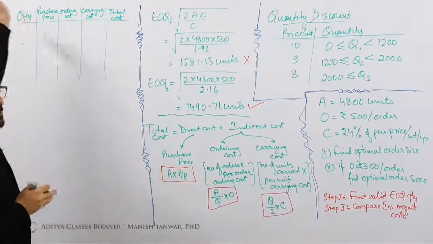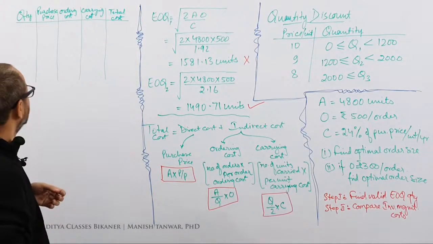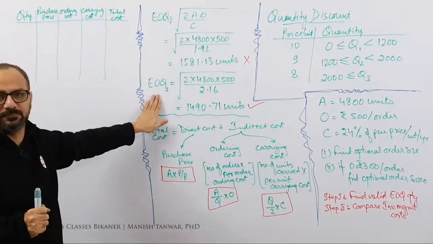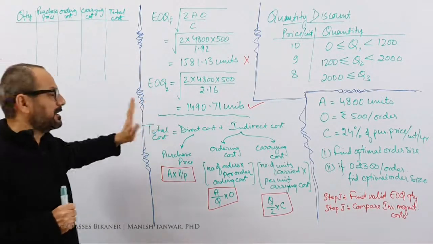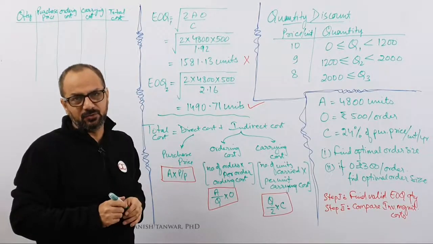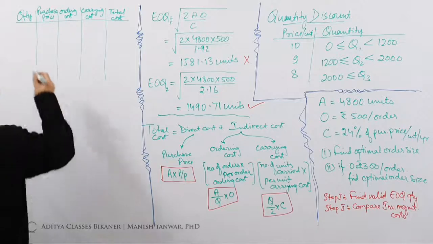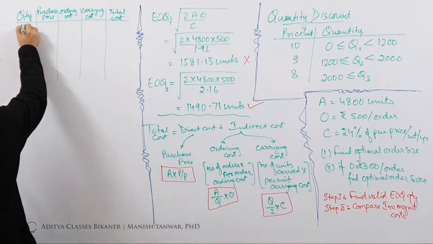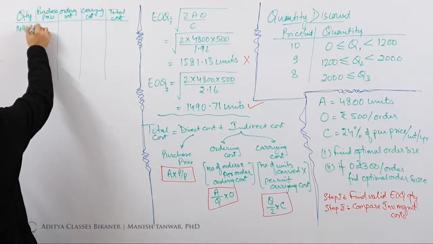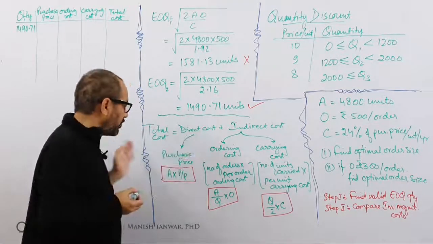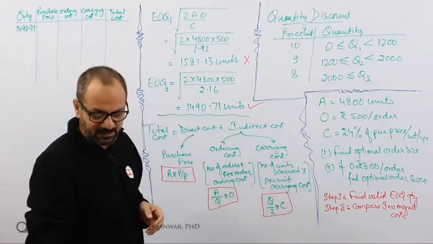So we'll try to tabulate our results so that they are easy to interpret. Now, first shot is at EOQ, because my understanding suggests that EOQ is the best quantity to be ordered. So what is the EOQ quantity? 1490.71. Suppose I go ahead with 1490.71. What is the total cost of my inventory management?